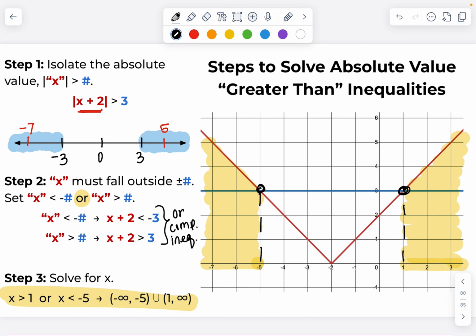And I'm looking for when my graph has a y value greater than 3. When is my absolute value of x plus 2 greater than 3? That is when I have x values less than -5, and also when I have x values greater than 1. So again, that is the connection to the graph.